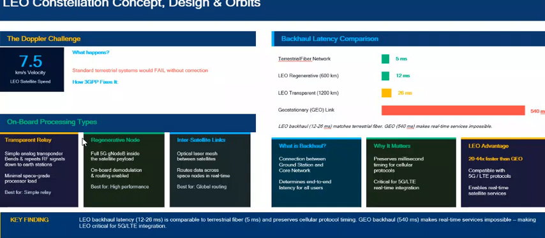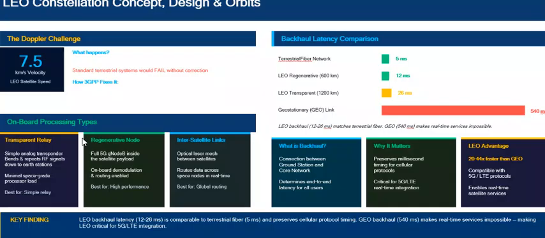So the satellite acts as a simple mirror. It will have a minimal space-grade processor load, best for a simple relay, and it sits slightly above the regenerative node in Leo.